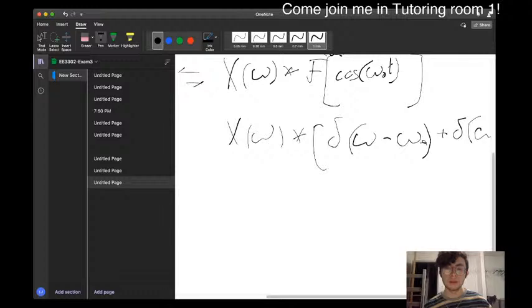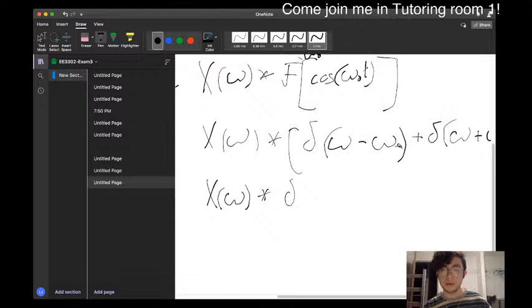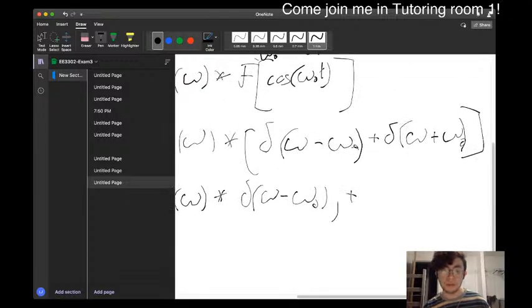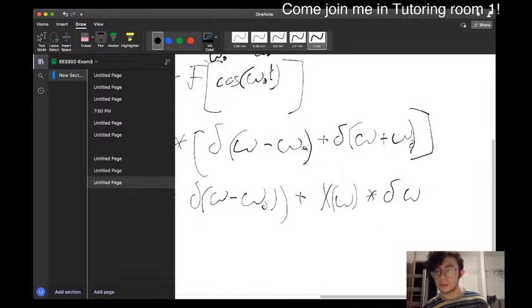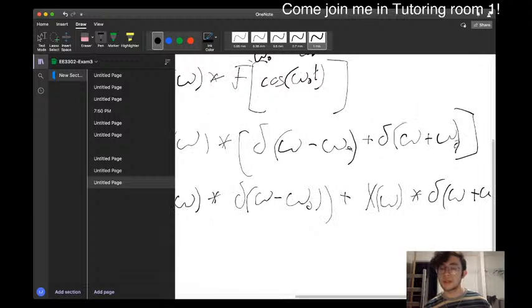So let me just go ahead and distribute this convolution operation, because you can do that. Convolution satisfies the distributive property. So plus x omega convolved with this other delta, omega plus. Remember, convolution is a lot like multiplication.